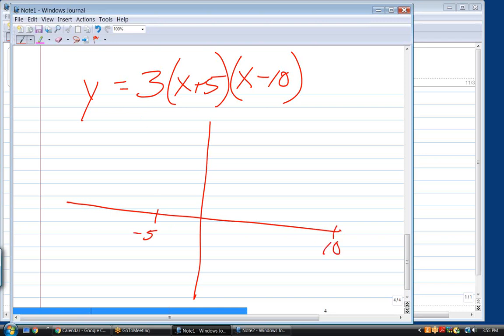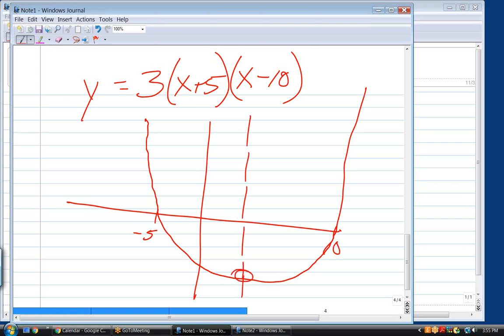Okay, so the quadratic, it's a parabola. It's going to go up, and the line of symmetry, which is where the vertex is going to lie, this point right there, is going to be halfway in between minus 5 and 10, which is at 2.5 as the x-coordinate. Do they want both coordinates on the vertex?